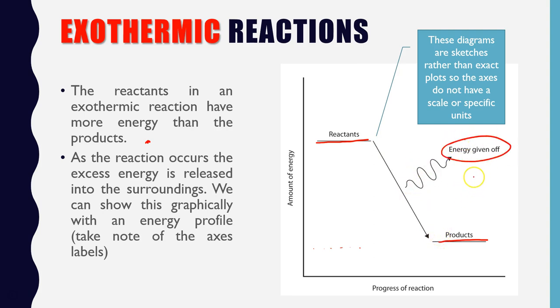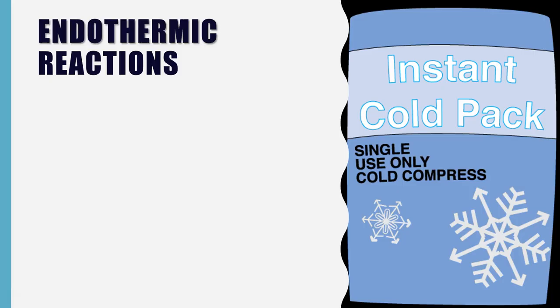So that is the energy given off to the surroundings that makes the temperature of the surroundings increase. Okay, because all the energy that was in these reactants is now not in the product, so it has to have gone somewhere, and it goes out into our environment.